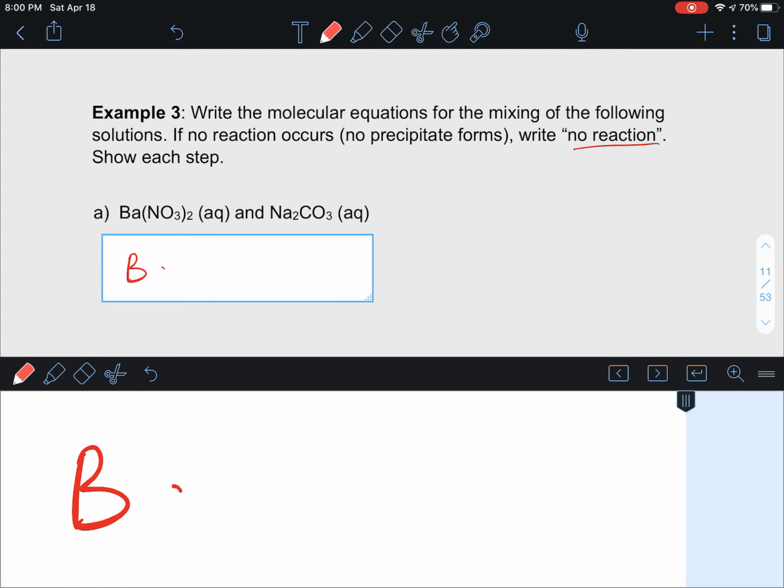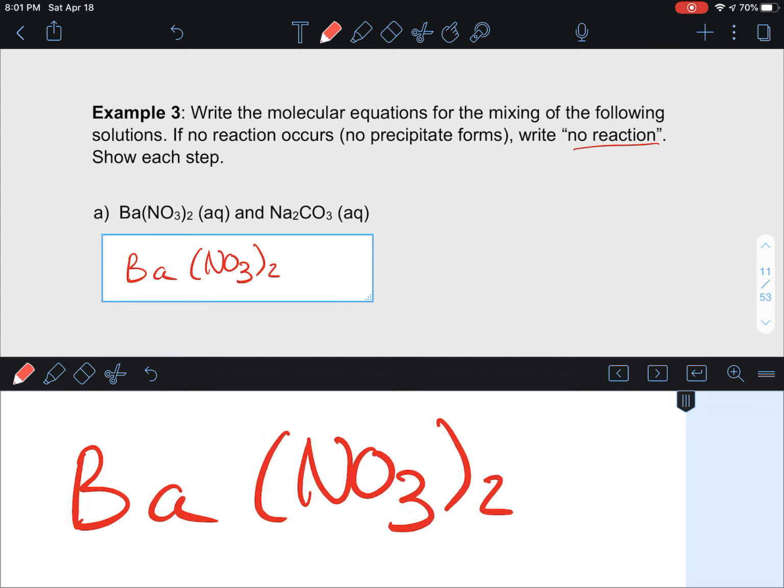So let's do barium nitrate plus sodium carbonate, Na2CO3. Now, if you'd like, you could go through all the steps that we did in the previous one, where we would look at what the ions are.